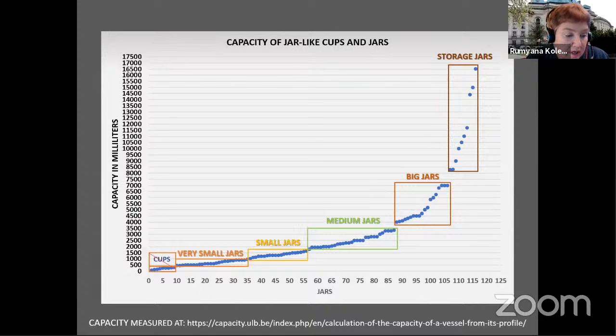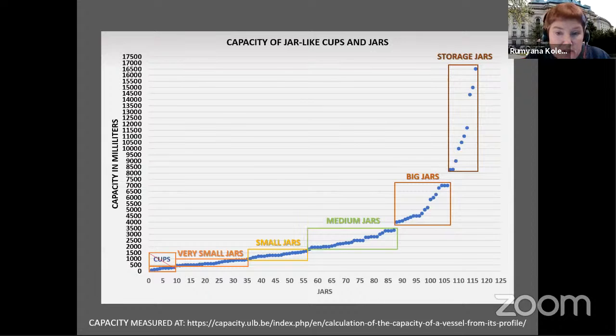Large jars have a capacity between 4000 and 7000 milliliters that can be used both for cooking in large quantities, which is less probable, and for storing products or water. Storage jars have a capacity over 8,000 milliliters.